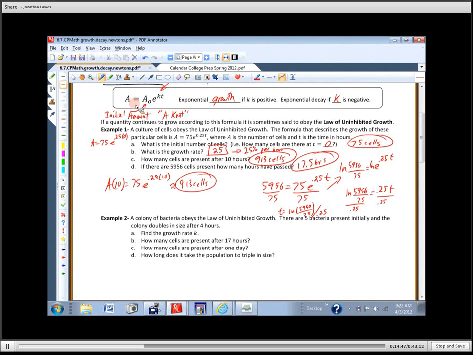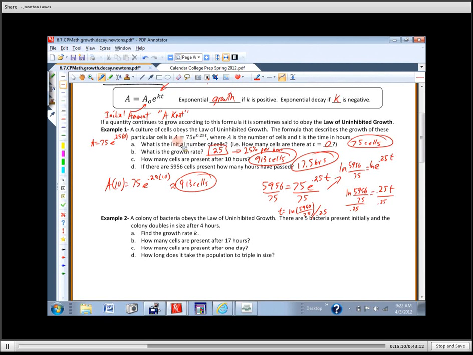Okay, what's the difference between example 1 and example 2? Yeah, okay, Chase has got it right. They didn't give you the formula. This one's pretty easy. There's the formula right there. All we have to do is pick out, oh, that's the initial amount. That's the growth rate. Oh, they tell us what t is, we can find a.